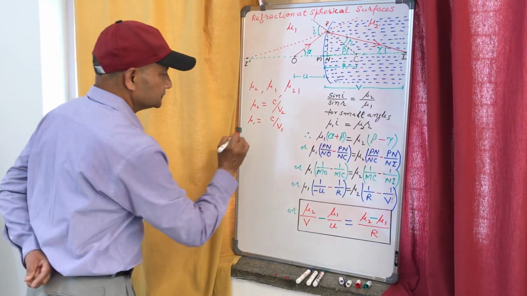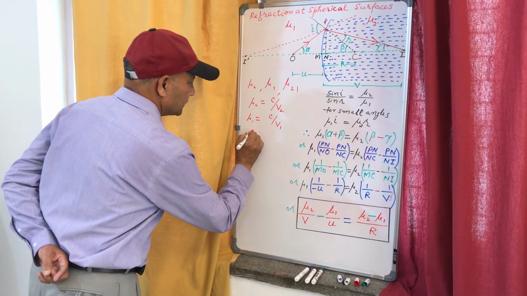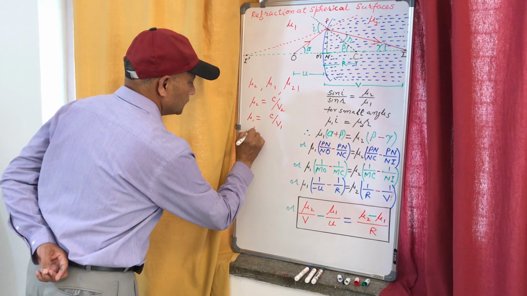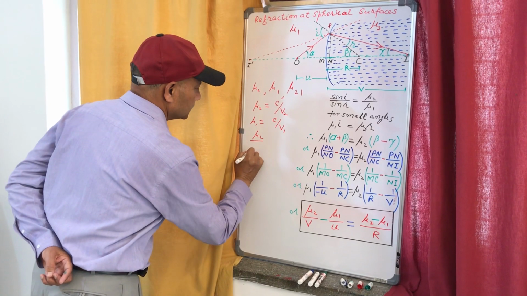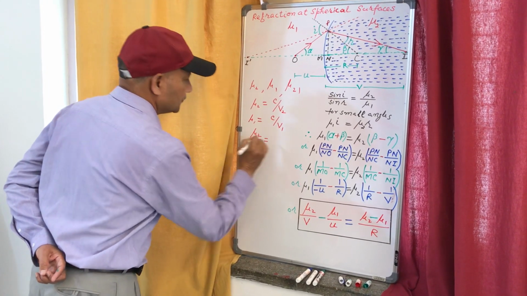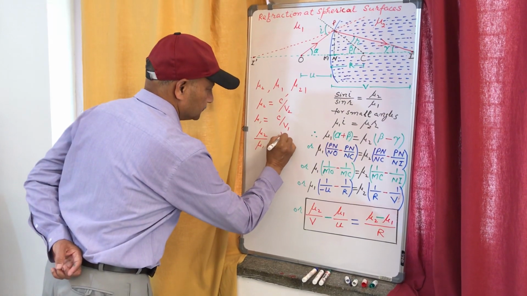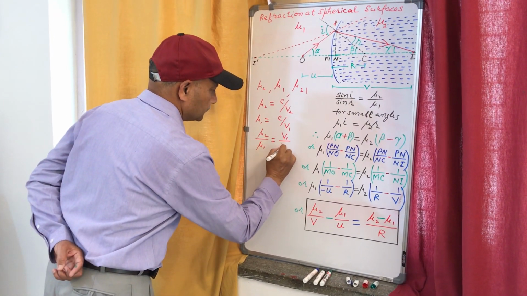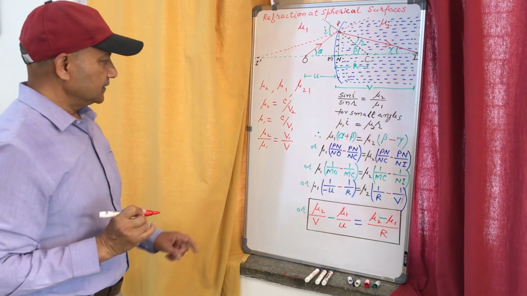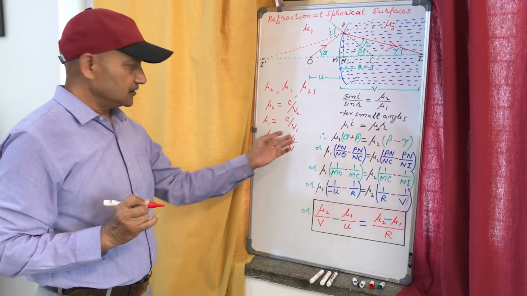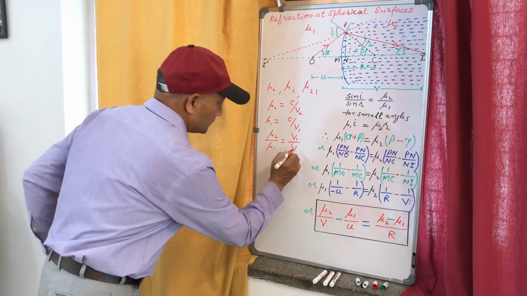Therefore, mu2 upon mu1 will be equal to V1 upon V2. If you divide this equation by this equation, we get V1 upon V2.